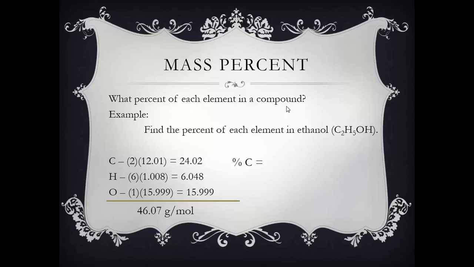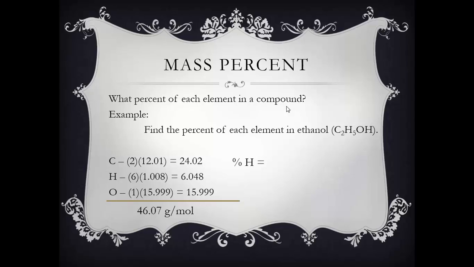To find percent carbon, you have to take the total amount of carbon, in this case 24 grams, divide by the molar mass, and anytime you find percent, you gotta multiply by 100, and you get 52.14%, about half. So half of the mass in ethanol is coming from carbon.